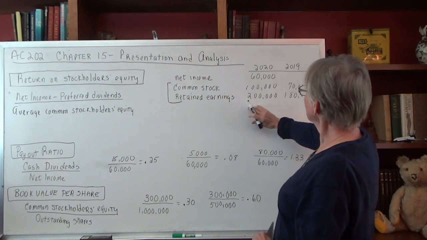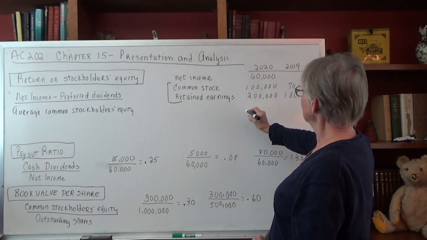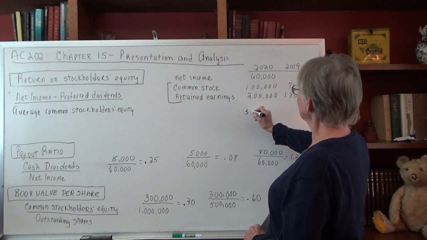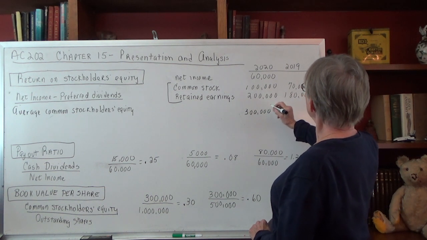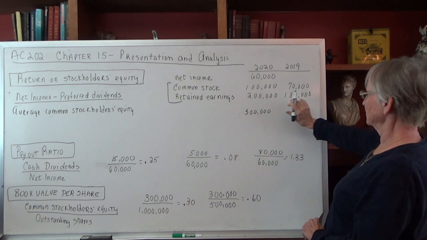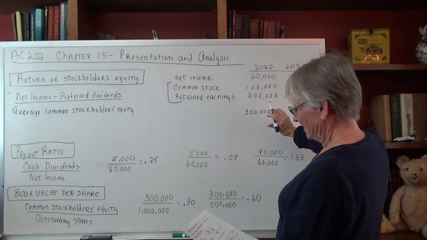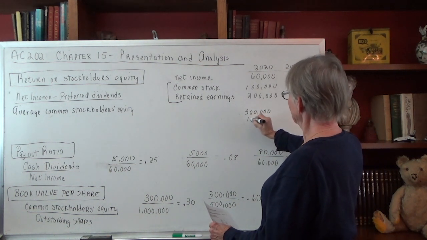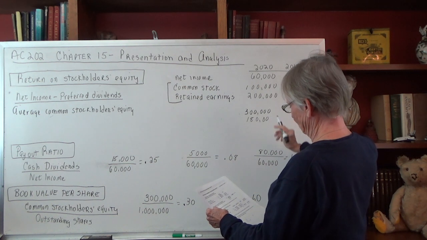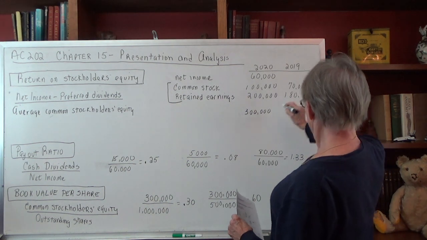So when you're given the information for the problem, you have to add common stock and retained earnings for the beginning. So you would get the 300,000, right? You'd have to add your common stock and retained earnings for the, I'm sorry, this is the ending, this is the beginning. For the beginning, the 2019 here, you would get 250.